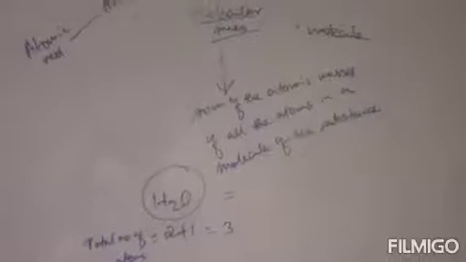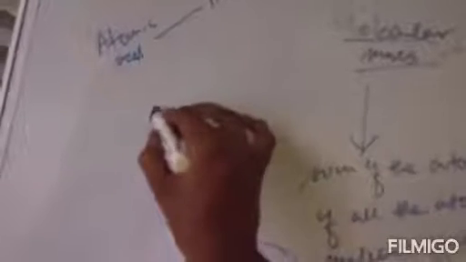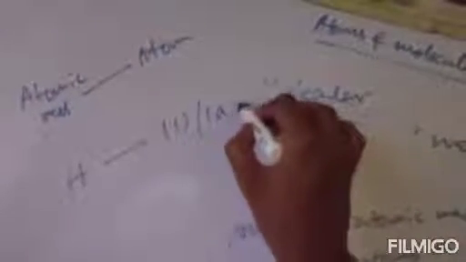Go through lecture 2, the second session of this chapter, and you will find the chart where I have provided the atomic masses of different elements. From there you can easily find that the atomic mass of hydrogen is 1. That means one hydrogen atom has an atomic mass of 1 u, or you can write 1 amu.